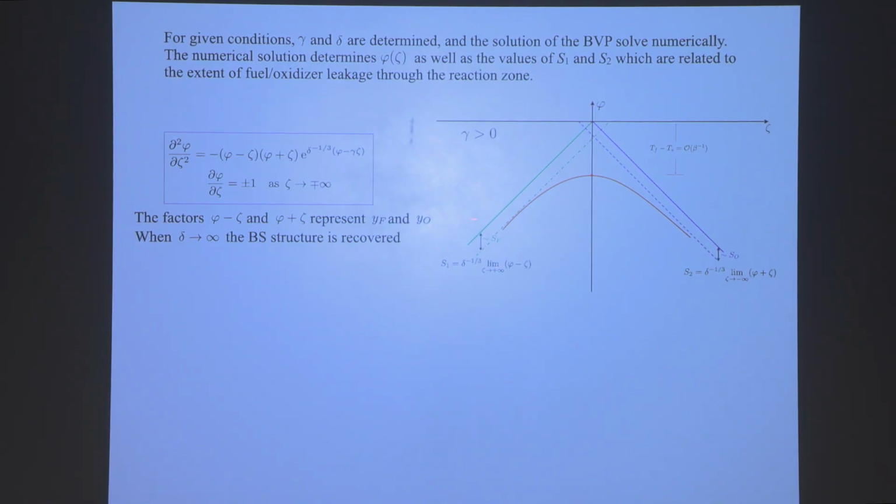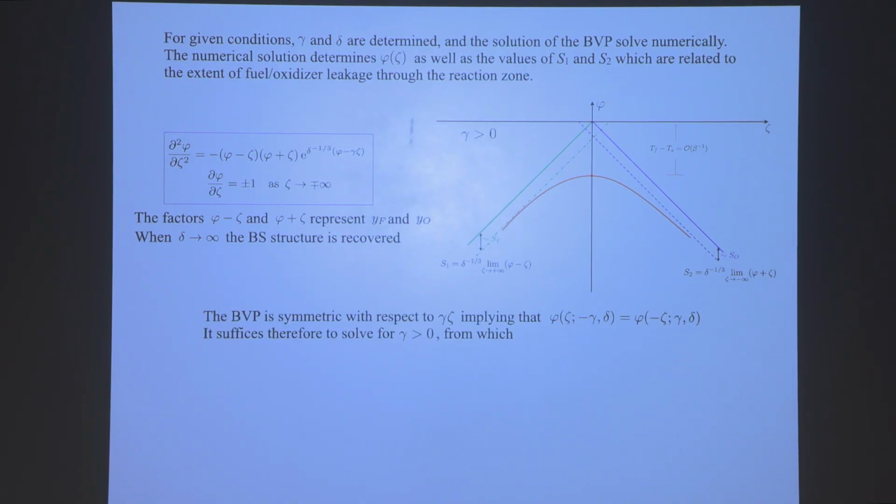But note, the slopes have to go to -1 and 1, but the distance from the 1 and -1 marks, I call them S1 and S2. As you'll see in a minute, those can be determined from the numerical integration. And they are related to the extent of leakage that you have of fuel and oxidizer.